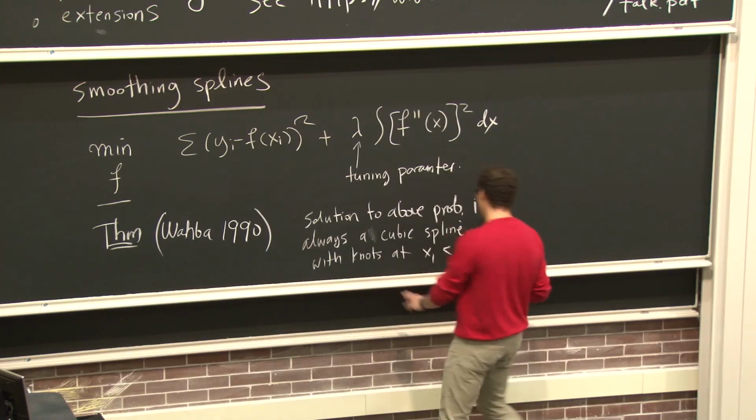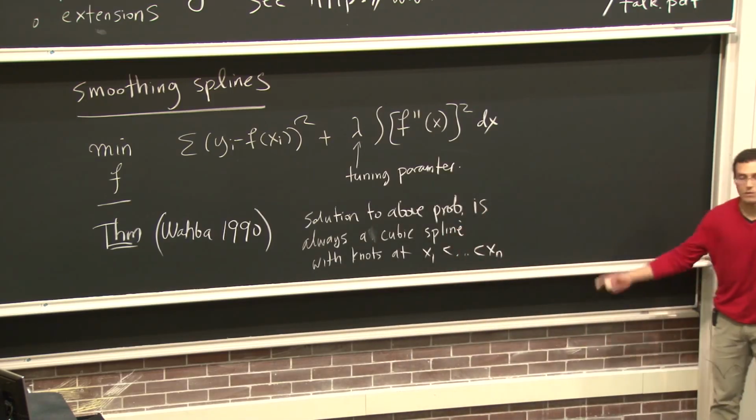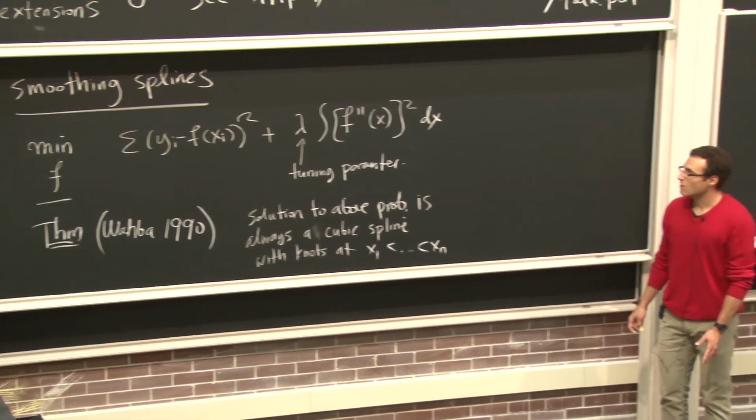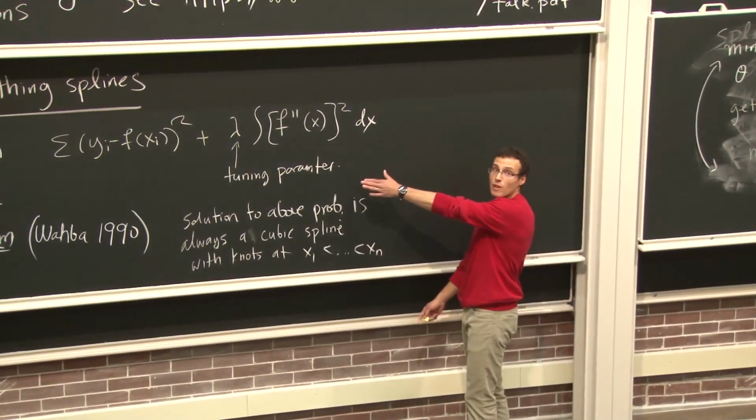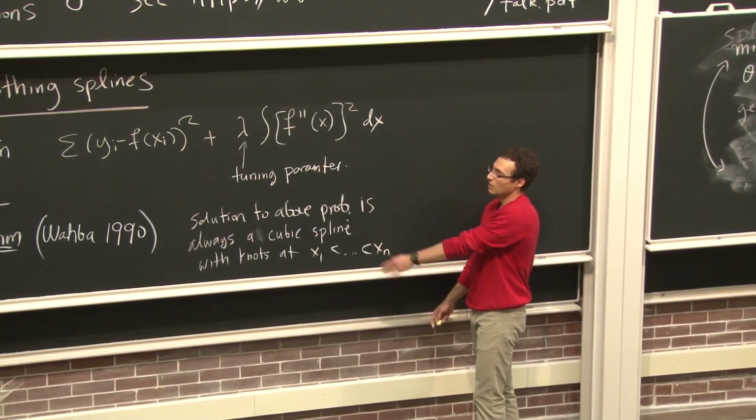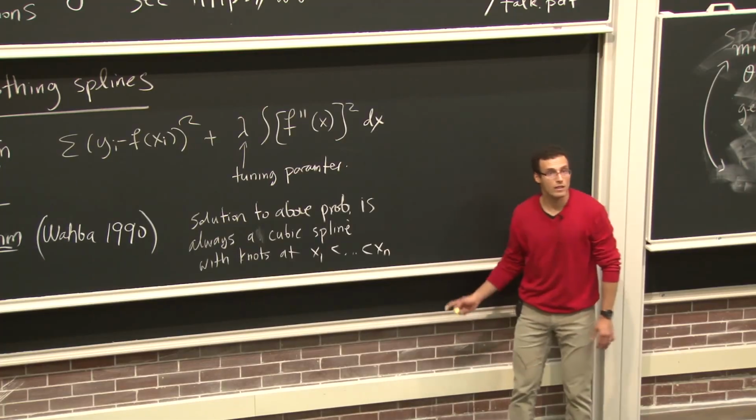I'm just going to assume that these are ordered, for simplicity, without any loss of generality. There's actually a unique solution to this problem for any positive value of lambda, and that's a cubic spline with knots at the data points. It's a very beautiful result.